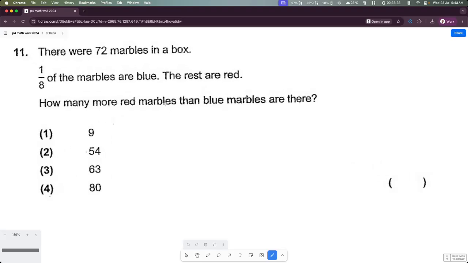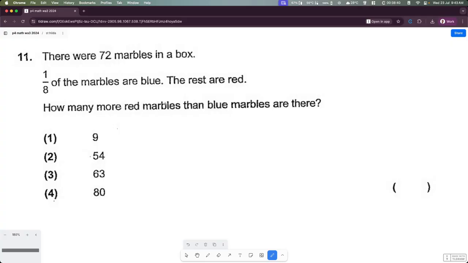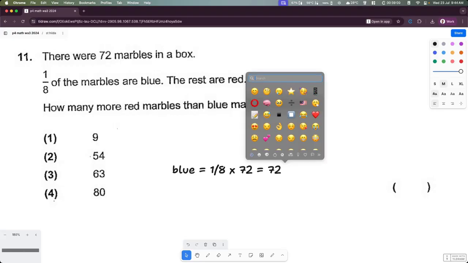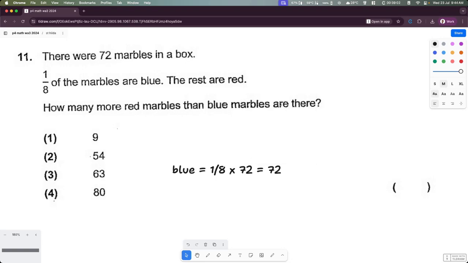This is part of a set. So blue is equal to 1 out of 8 times 72. It's actually the same as 72 divided by 1 over 8.